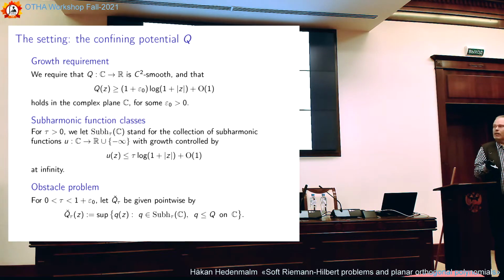That's a strong requirement. In terms of the number of particles, it has to do with this quantity tau, which relates to the growth at infinity. It's basically related to the degree of the polynomial, or the number of particles in the model.